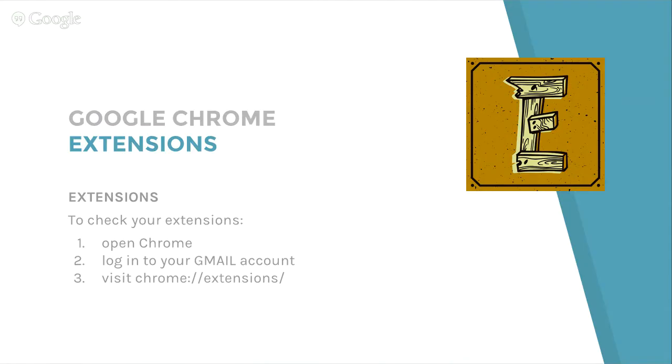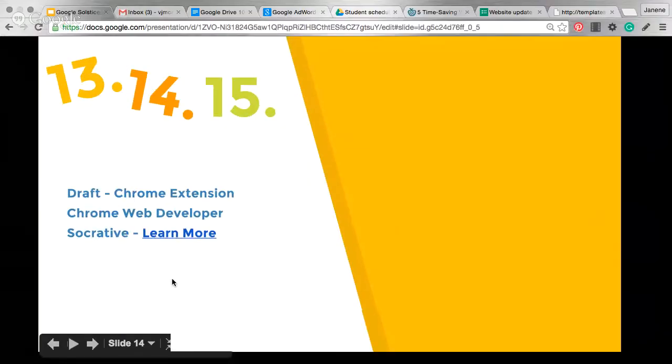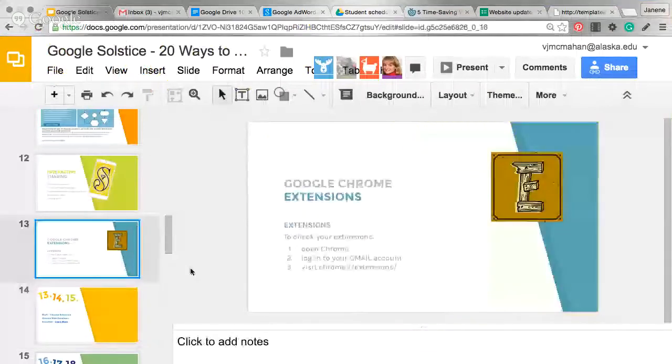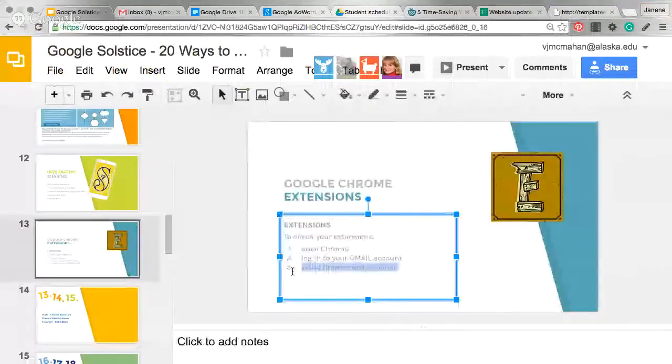That's a little hard. If you're wondering whether or not you've ever used Chrome extensions, what are Chrome extensions? Okay, making Chrome more powerful, making your Chrome web browser be able to do more things, like little widgets for Chrome. If you're wondering whether or not you've used it, you can log into your Gmail account, and then inside of Chrome, so you have to have your Chrome web browser open, go to Chrome extensions.